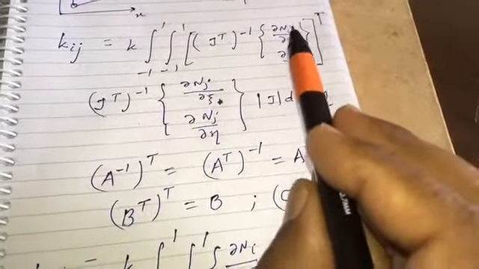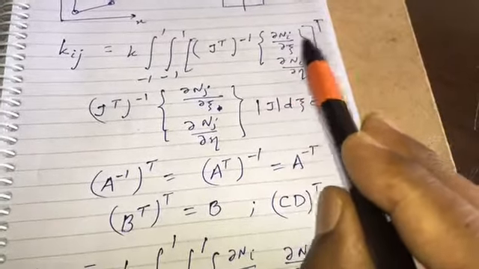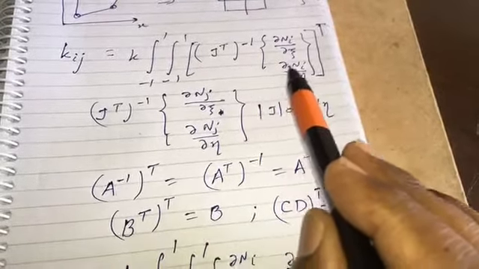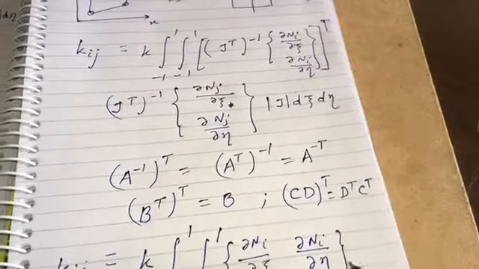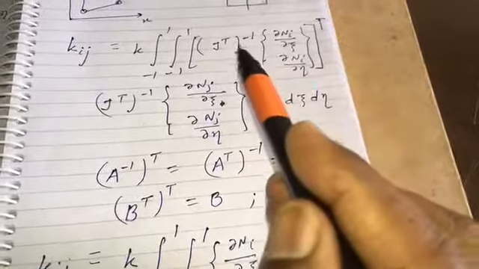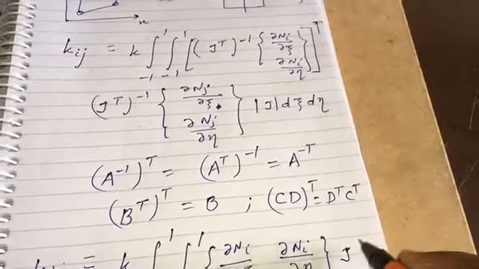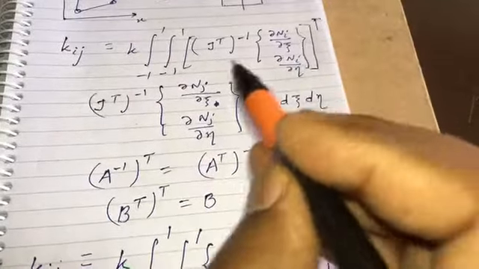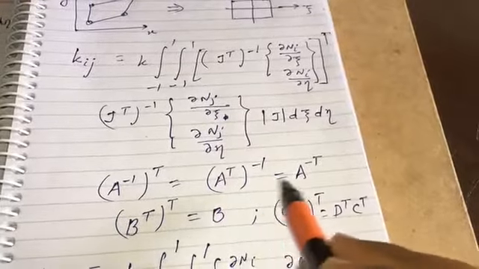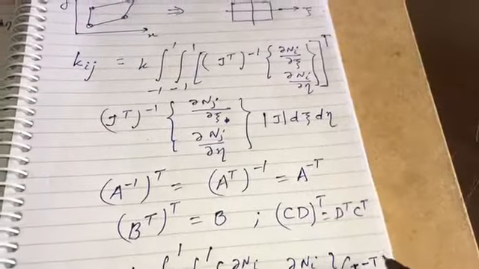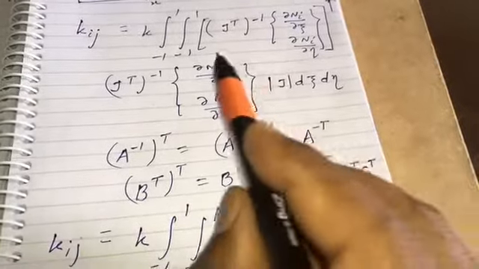This is a vector, a 2 by 1 matrix, so the transpose of that becomes a 1 by 2 matrix. Then this transpose will go here. So this is J to the power minus T, or the transpose of that. Okay, so the first one is taken care of.